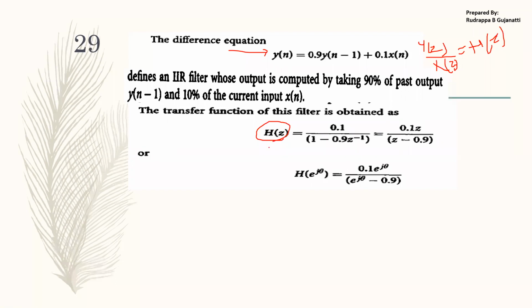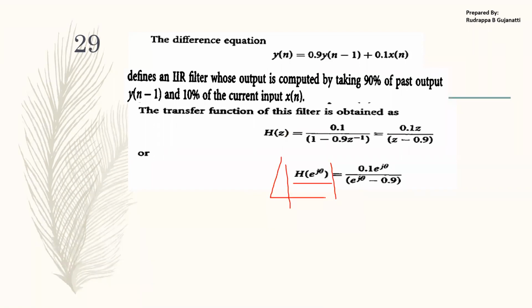If I know the z transform of a given sequence, I can obtain its frequency response by substituting z equal to e raised to j theta. By substituting this, I'll be able to know the overall frequency response. Once you know the frequency response, you can identify its magnitude and its angle. These are all basic things you can try to see how it can be obtained.